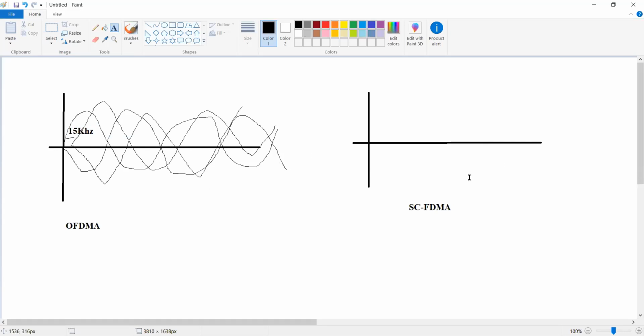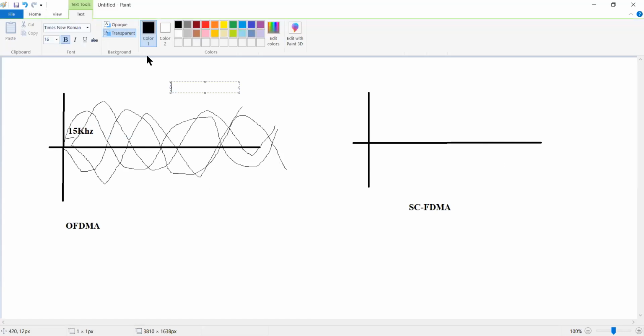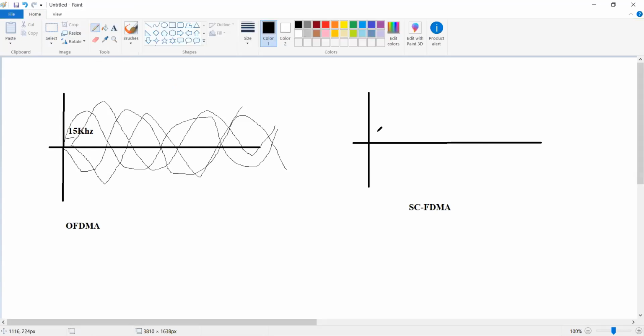But in case of SCFDMA, for a 20 megahertz bandwidth, if you are transmitting one subcarrier, we maintain a gap M times the number of subcarriers we are using.